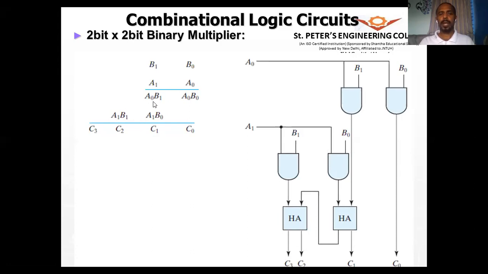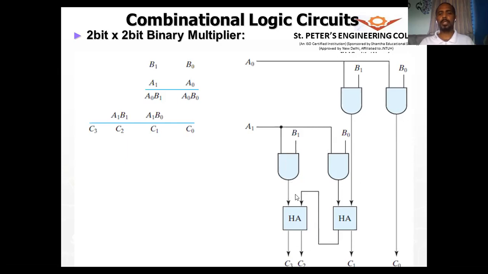as I said, when I add these 2 bits, it may generate a carry. So that carry has to be added to the product A1 B1. So I have the product A1 B1 from the output of this AND gate, and to that I am giving the carry from the previous stage. And again, I'm using only a half adder because I am not using 2 inputs plus a carry.